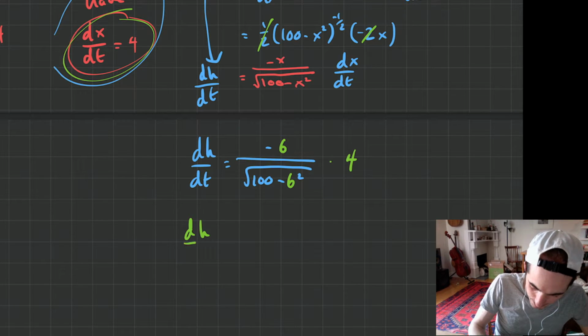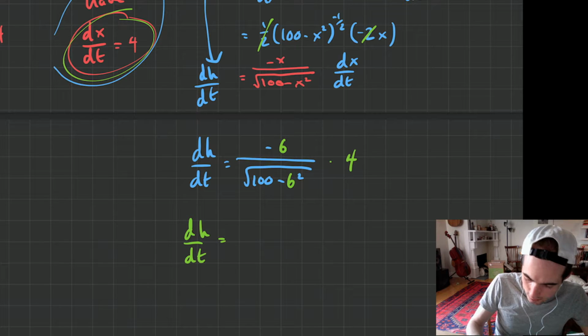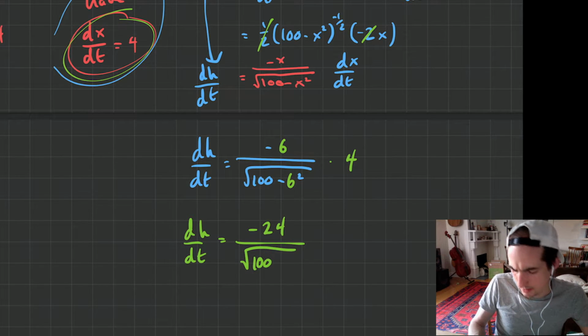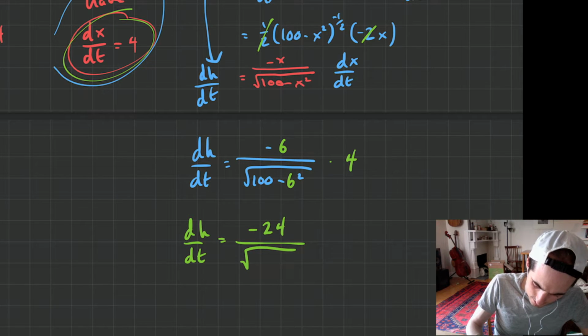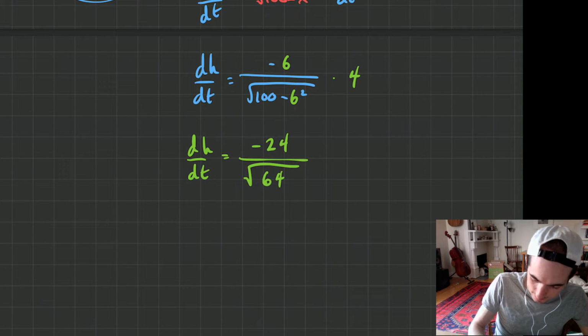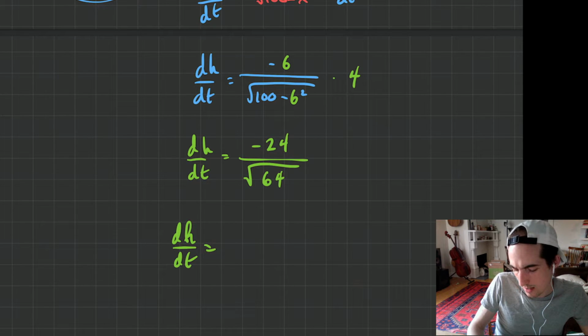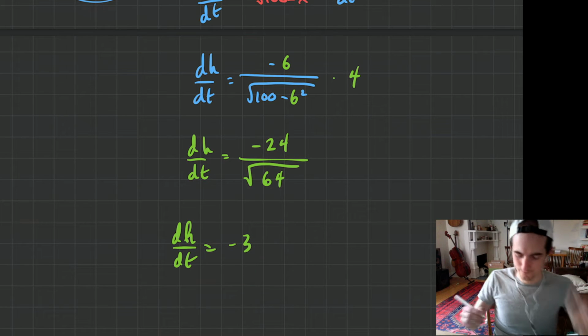So dh by dt is equal to negative 6, or let's do negative 24 over the square root of 100 minus 36, which is 64, right? It's almost like someone thought of nice numbers to give us. So dh by dt is equal to, what is it, negative 3?